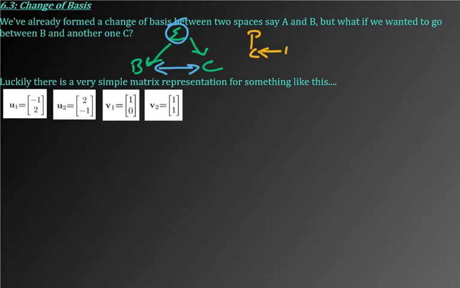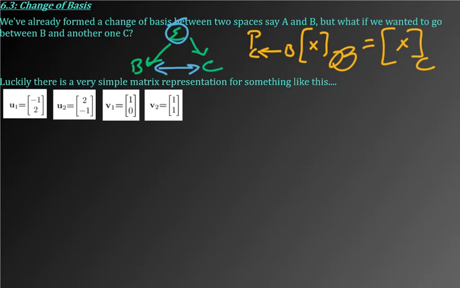Basically you want to think of this as a change of basis matrix, which is going to send something that's written in B to the same thing but written in C. So if that matrix operates on X written in B, that is going to pump out X written in C. That looks like an E, but I'm horrible at writing script C, so we're just going to write a normal C.